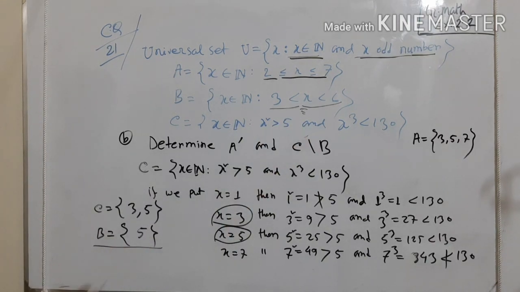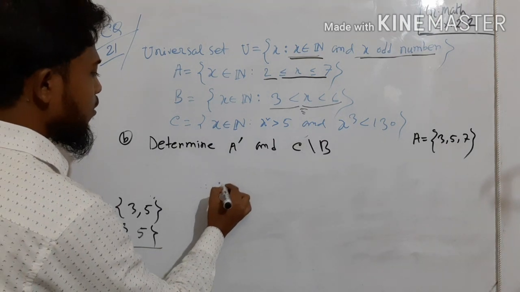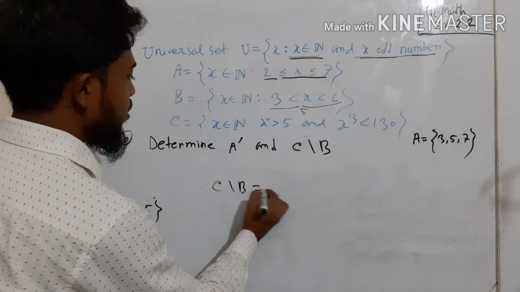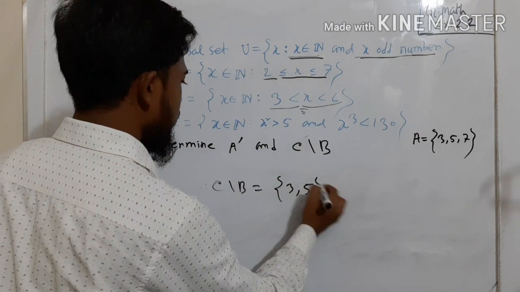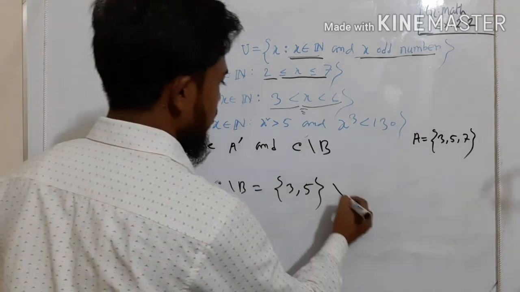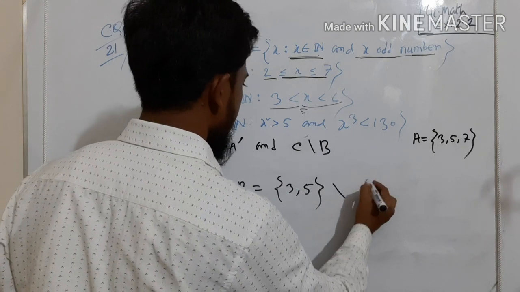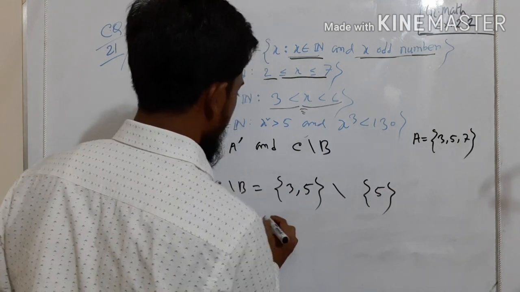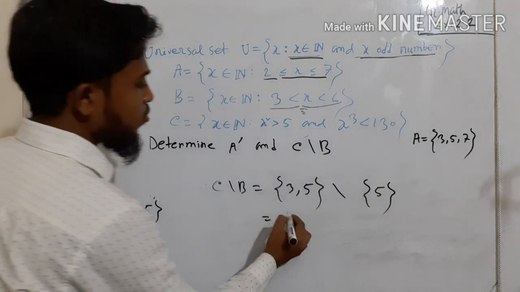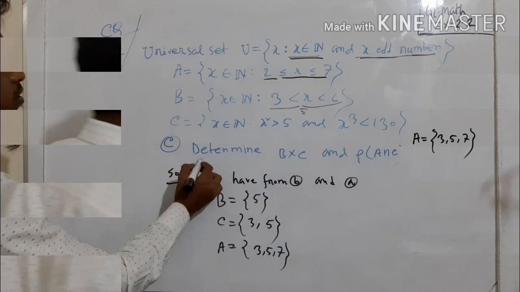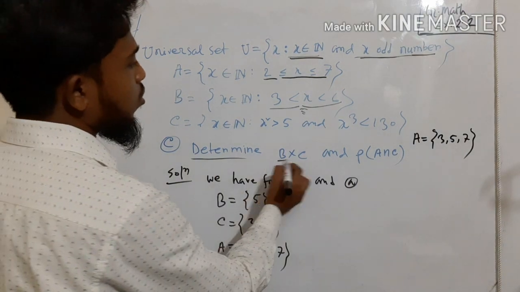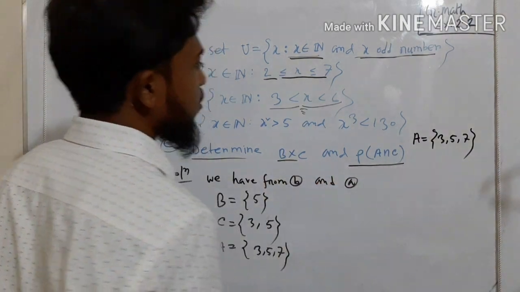So B set equal to {5}. Now C minus B equal to C set minus B set, that is 5. So C minus B equal to {3}. This is our answer.